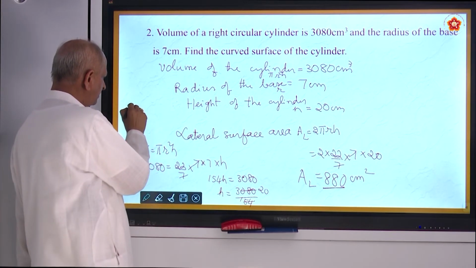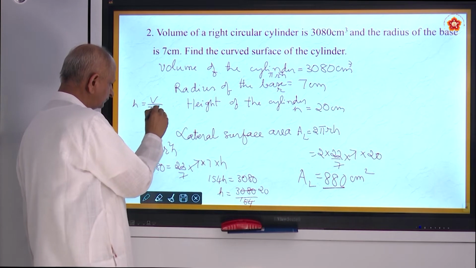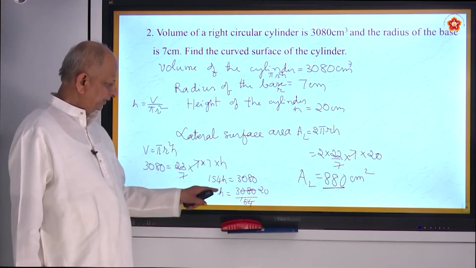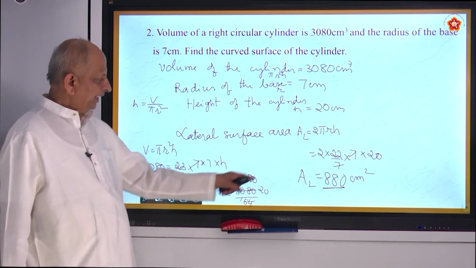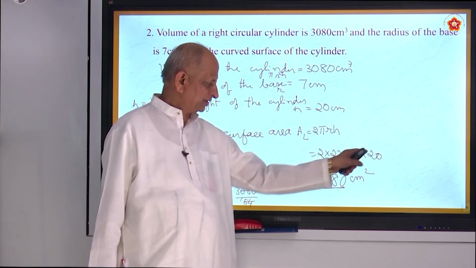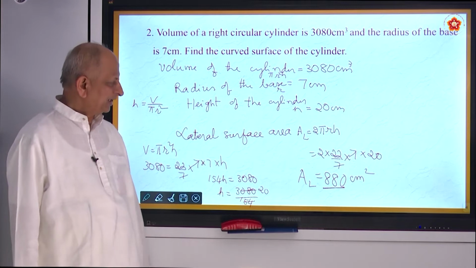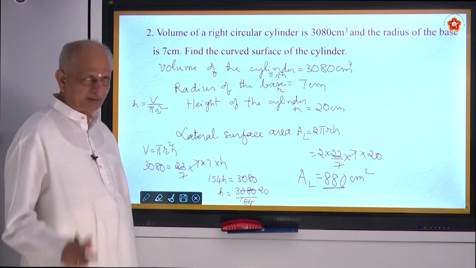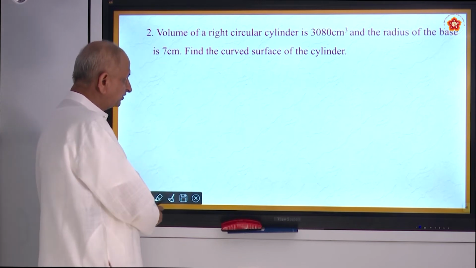In this formula, H is equal to V by pi r square. So we got it as 20. That we have taken here. Lateral surface area is 2 into pi into R into H. So 880 square centimeter is the lateral surface area. Noted? So nice. Shall we go to next?